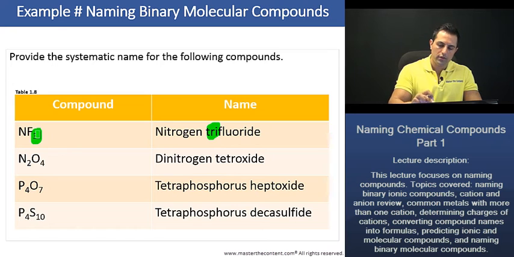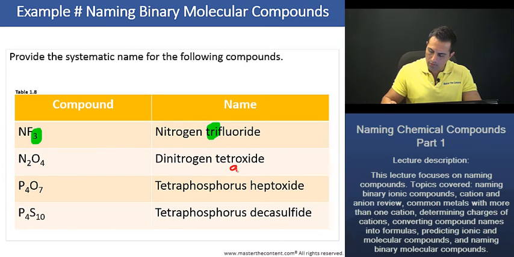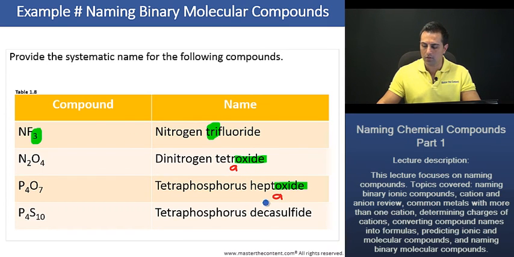Furthermore, notice that the A is dropped from the tetra, and the A is also dropped from the hepta. Whenever you have the word oxide, just be cognizant of the prefix that goes before oxide. Predominantly, the vowel gets dropped as such.